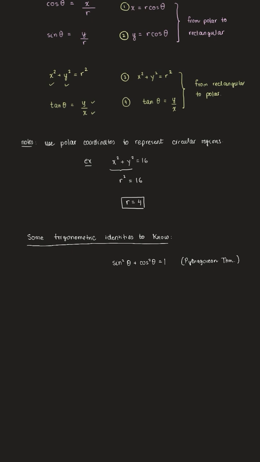So I'll just tell you what the other two are. That's going to be 1 plus cotangent squared theta equals cosecant squared theta, and tangent squared theta plus 1 equals secant squared theta. 3 Pythagorean identities. The ones that come up most often are the first and the third.